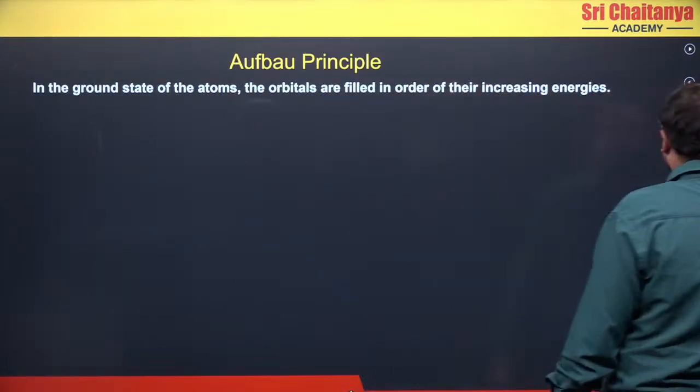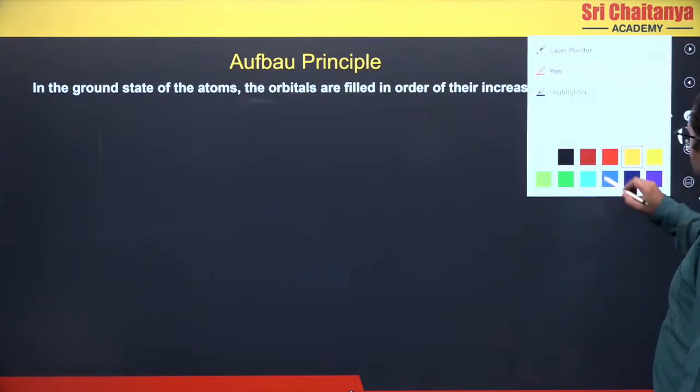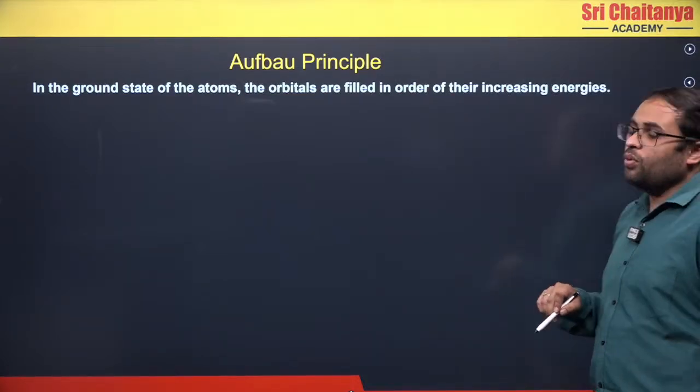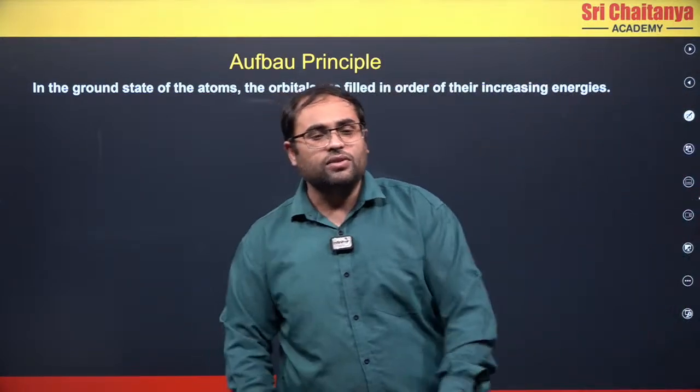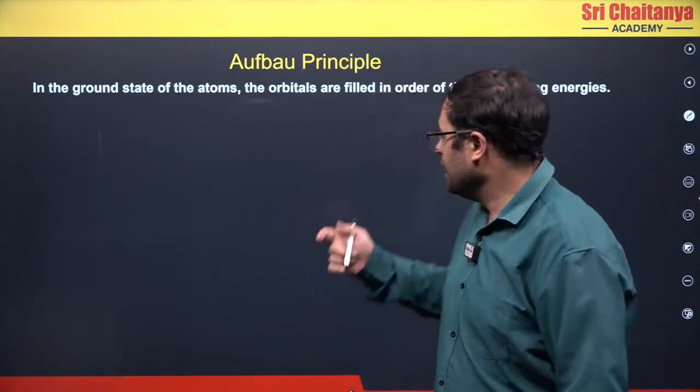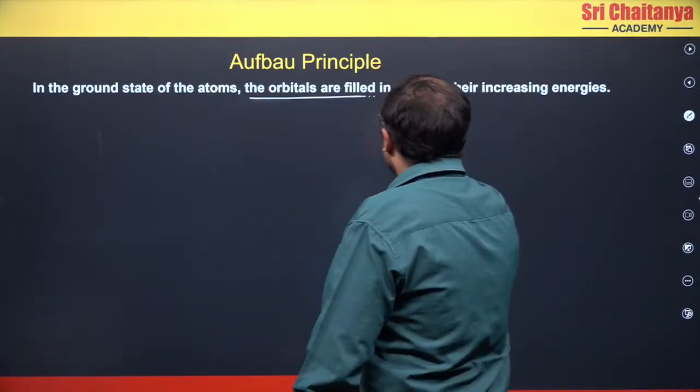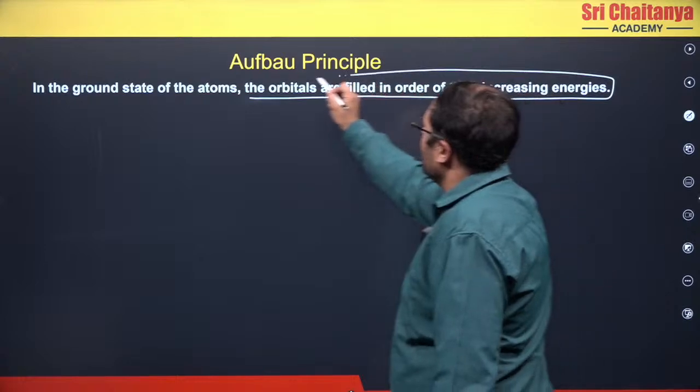So let us start with the first one. In the ground state of atoms, ground state means when the atom is not excited, the orbitals are filled in order of their increasing energies.